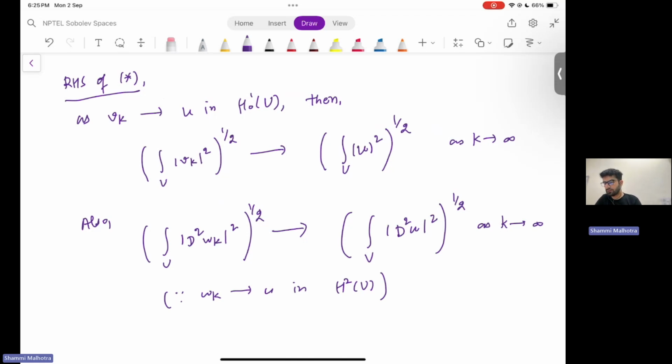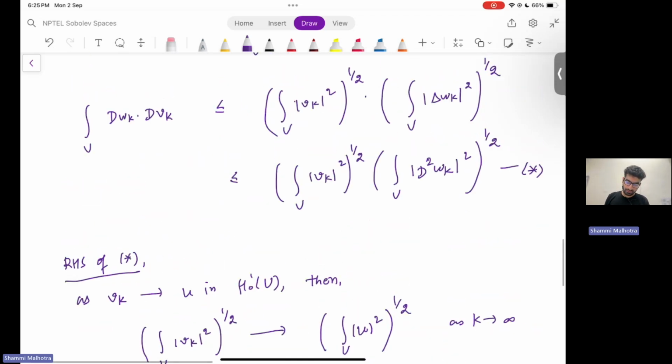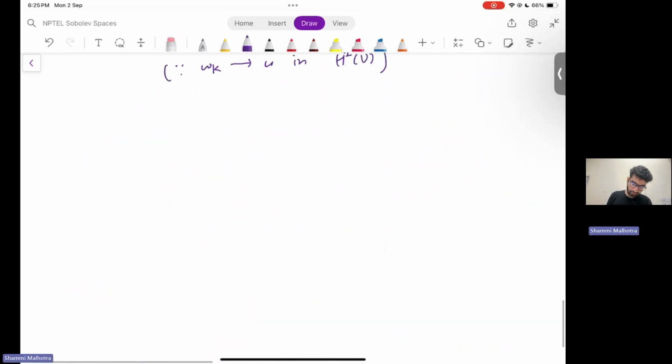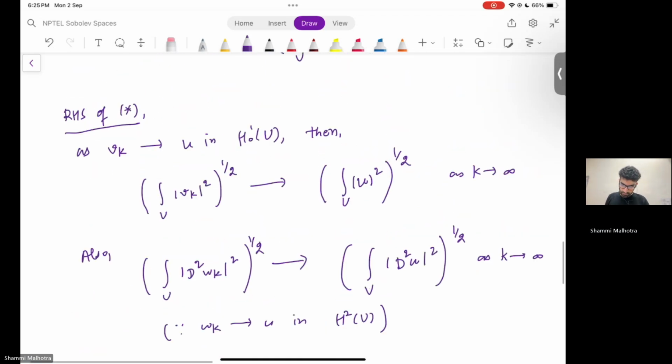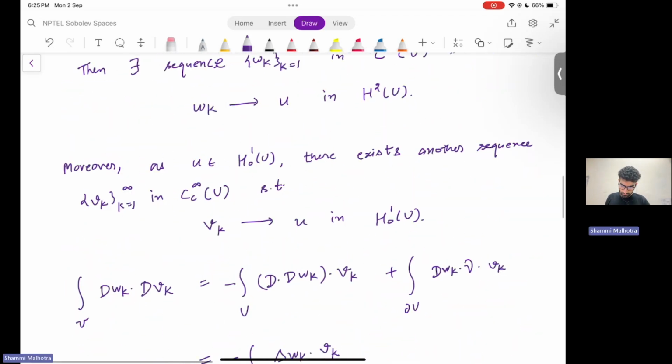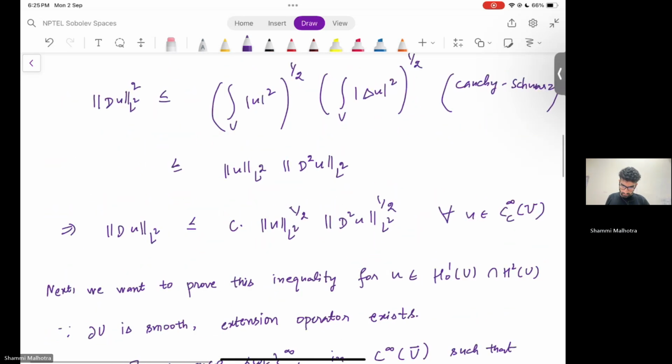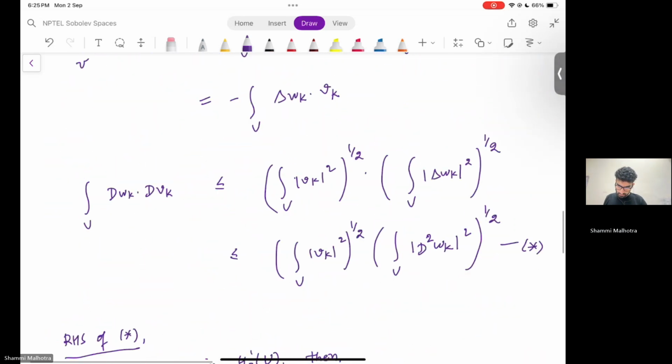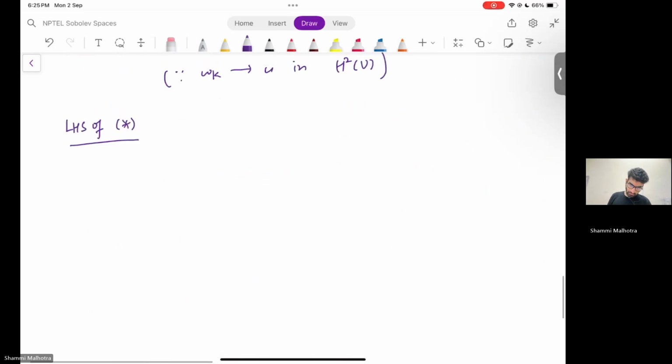All we have to take care of is the left hand side. So let us consider the LHS of star, which is the integral of Dw_k dot Dv_k. So we have to consider the convergence of this thing.